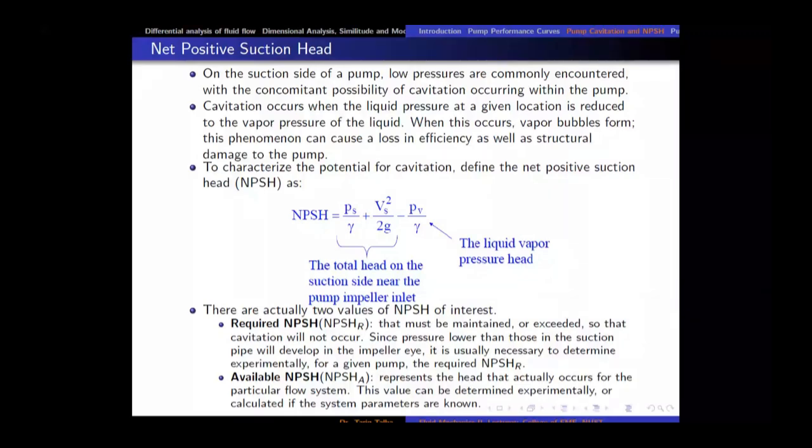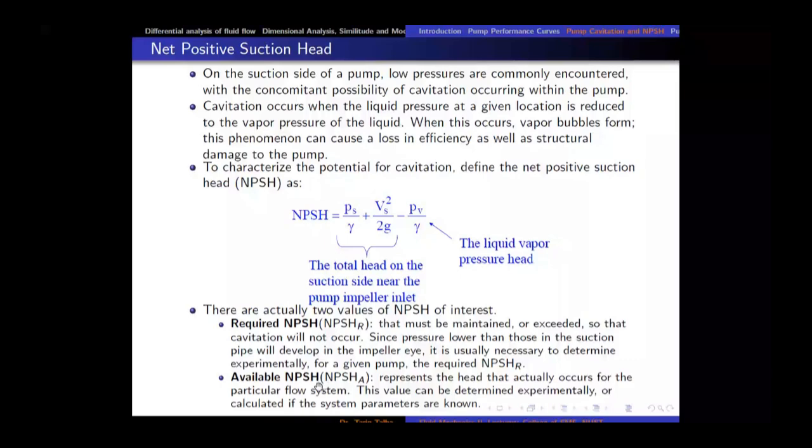Because if the height between the suction side of the pump and the water reservoir is more, then we need to have very low pressure at the suction side in order to suck that water into the pump. So the net positive suction head available strongly depends upon the height of the pump where we are installing it.